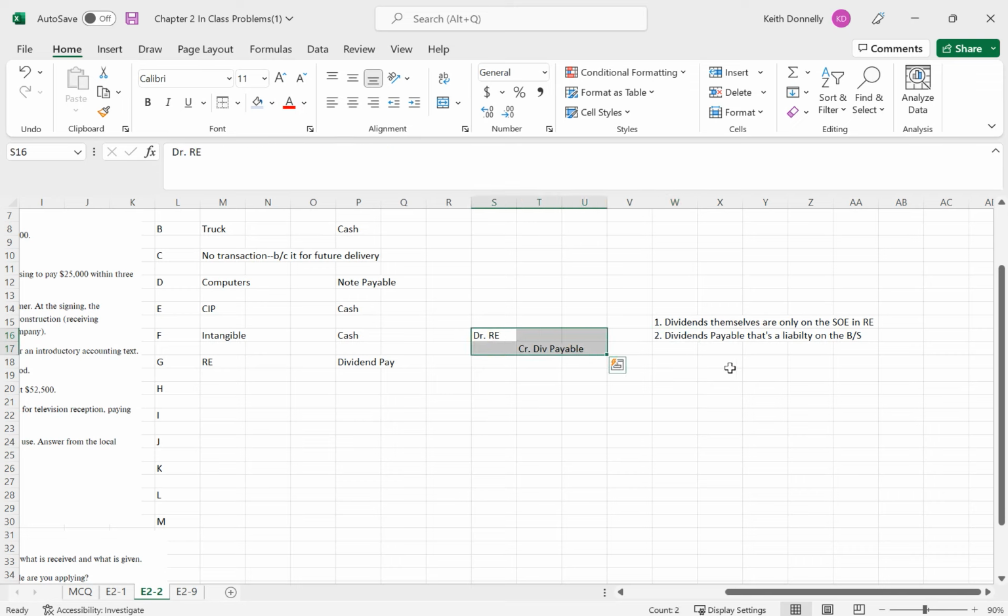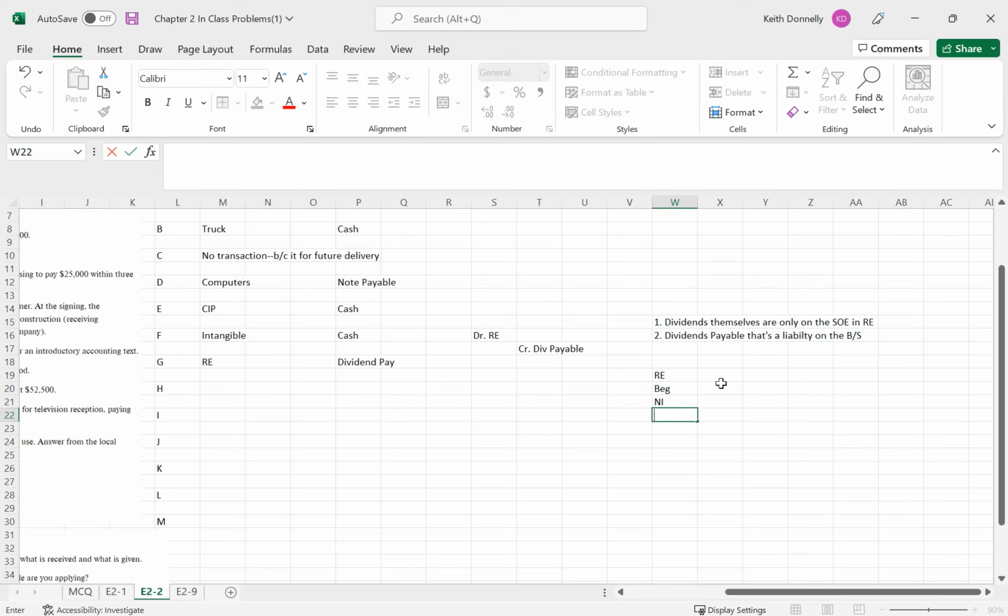So when you declare it, if we remember retained earnings, it's beginning plus net income minus dividend equals ending retained earnings. Let's imagine it was $100. Let's say we had 25 of net income. We had 10 of dividends, so our ending is going to be 100 plus that minus that, 115. Here's the idea: this is ending retained.